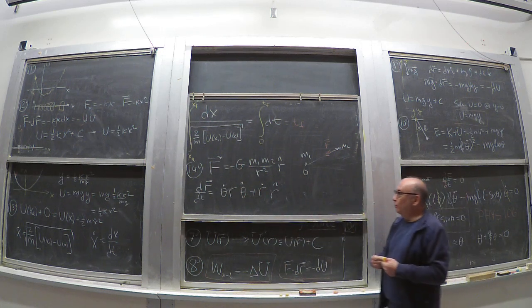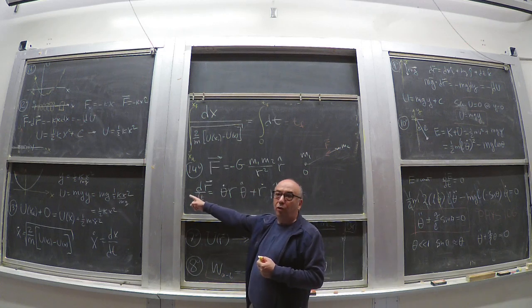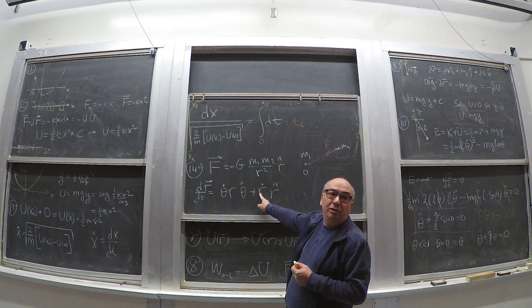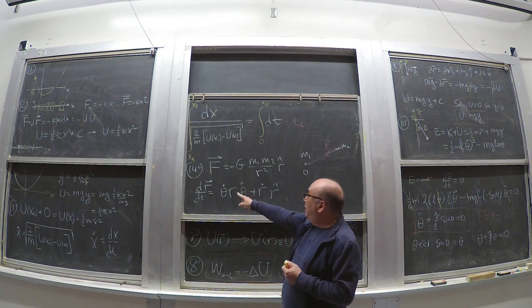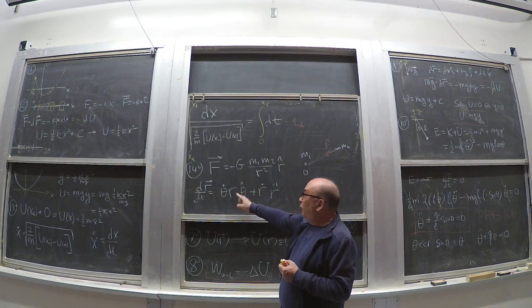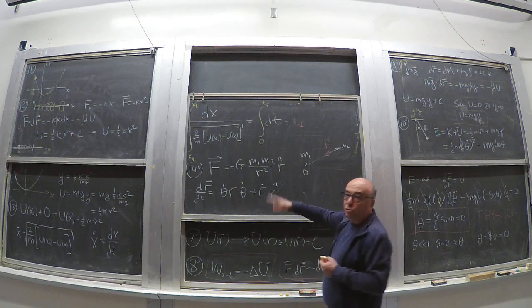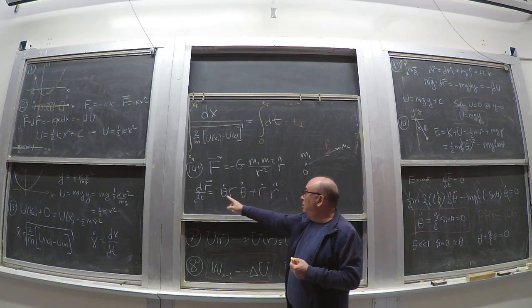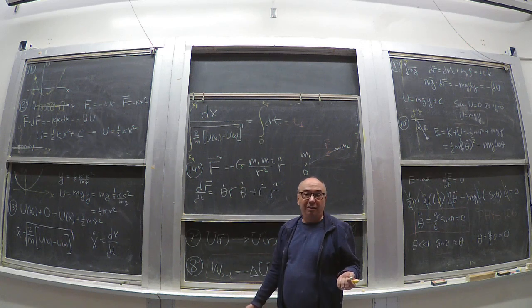Amazing. So, velocity in polar coordinates has a radial component that depends on the rate of change of the radius, and a tangential component. For example, if you are in circular motion, the radius does not change, and this is just omega r.